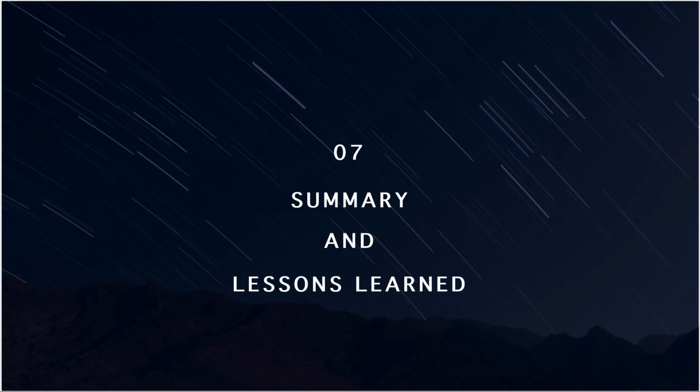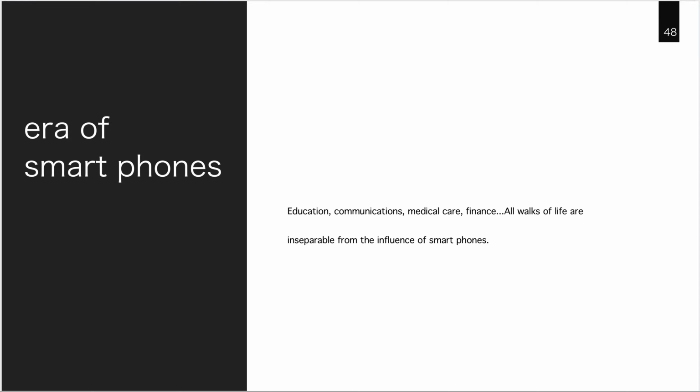And the last part of the system engineering analysis is the summary and lessons learned. First, from the analysis, we could know that the amount of mobile phones is very large, and so we could say that this is the era of the smartphones.